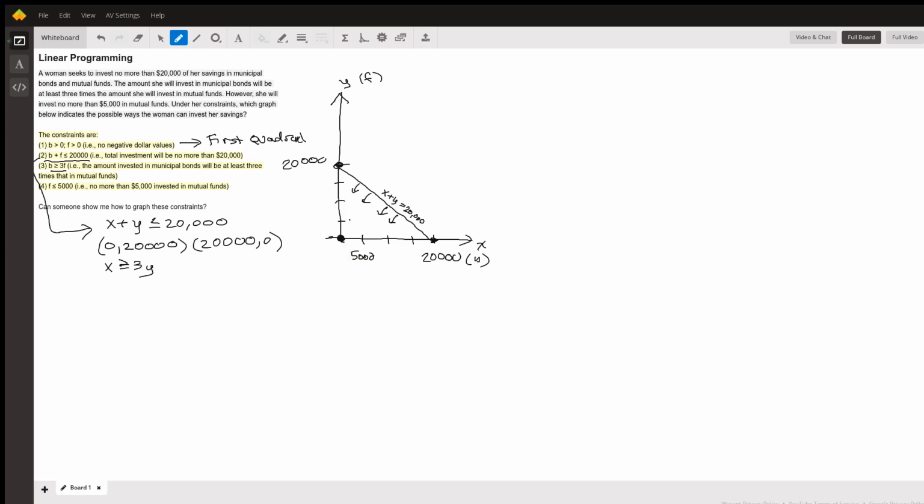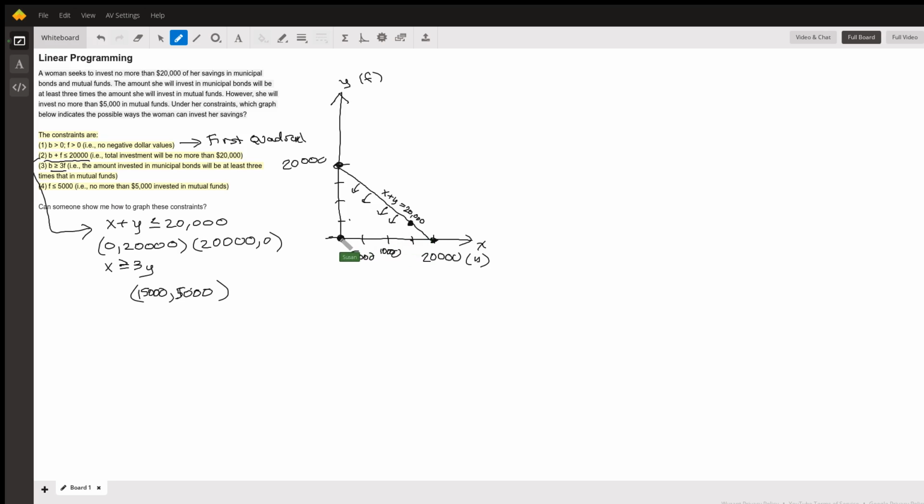If I pick 5,000 for the y, my x is going to be 15,000, because 15,000 is equal to 3 times 5,000. I'm just finding a point. I already know (0, 0) is a point, and (15,000, 5,000) is about here.